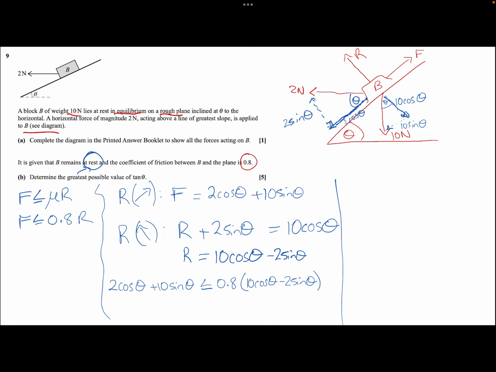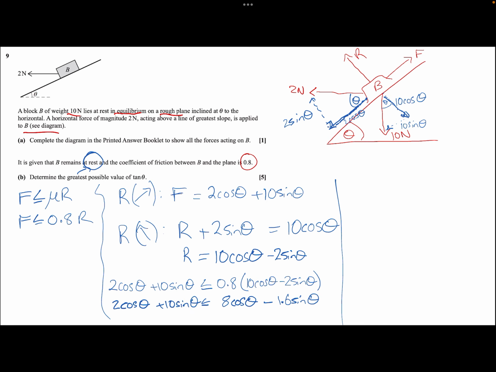Okay, so this is good so far. Now, let's expand out that right-hand side. So 0.8 times 10 is 8. And 0.8 times 2 is 1.6. And then 2 cos theta plus 10 sine theta.